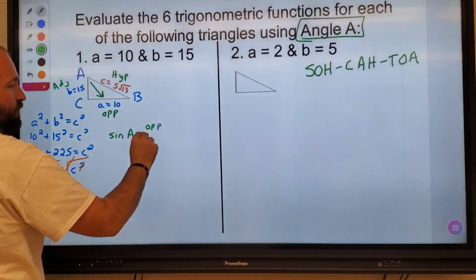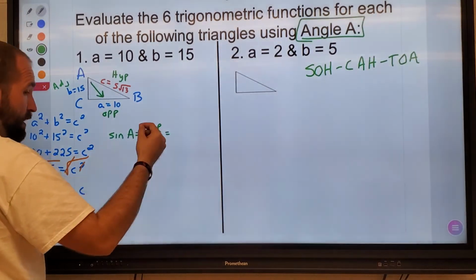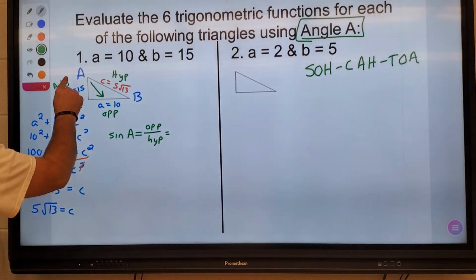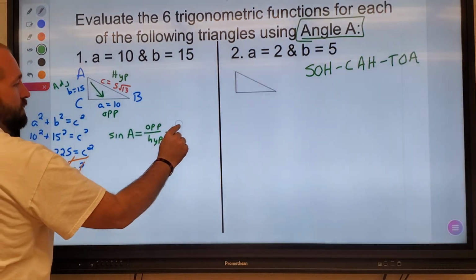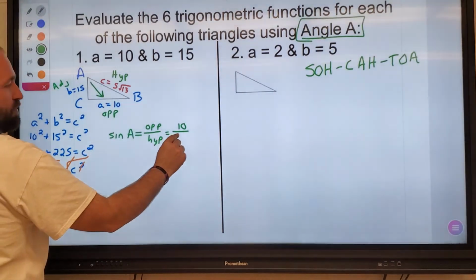Okay, you don't have to write OPP over HYP every time. Some of you may want to, just for the purpose of remembering what it would be. Okay, but if I'm going to plug in, then what's the opposite? The opposite here is 10. So it's 10 over the hypotenuse, which was 5 square root of 13.